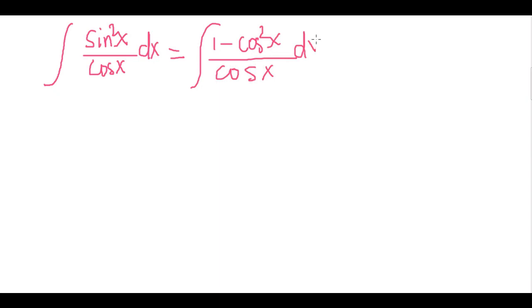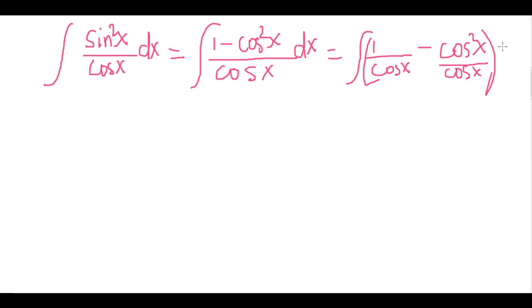So I can split the terms, and it goes as follows. If I split it, it goes 1 by cos x minus cos square x divided by cos x, and you have the dx right there.